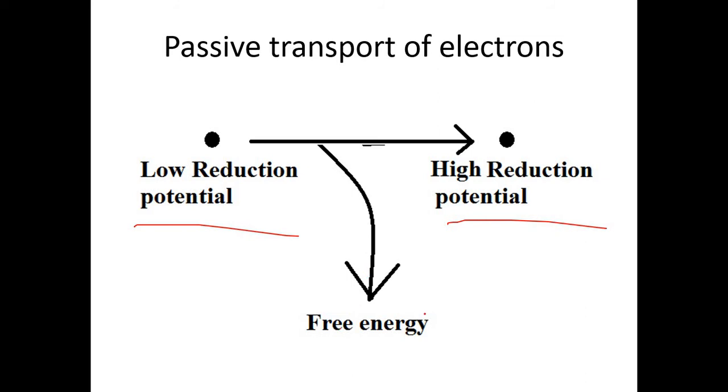Any kind of passive transport always releases energy. The active transport consumes energy, and the passive transport occurs by itself and always releases free energy. So in this case, as the electrons move passively from low to high reduction potential, there is always a release of free energy.